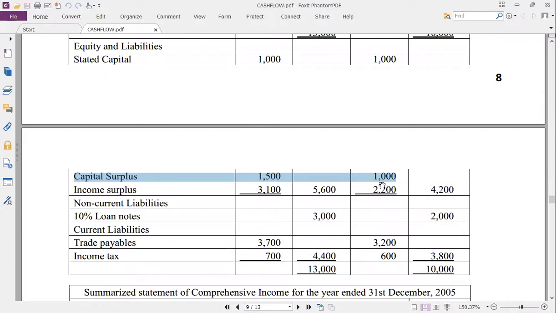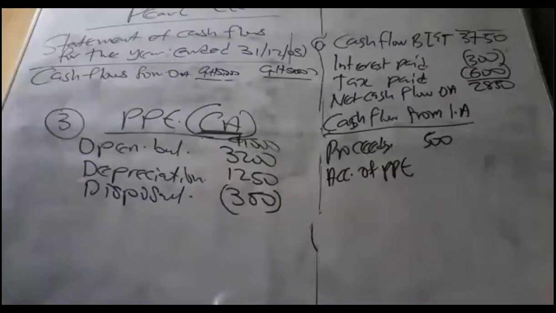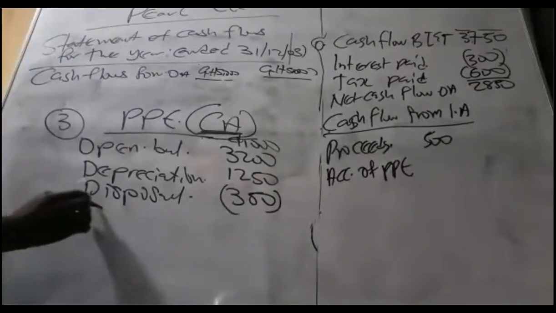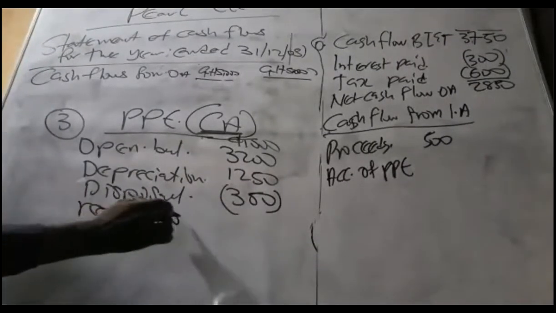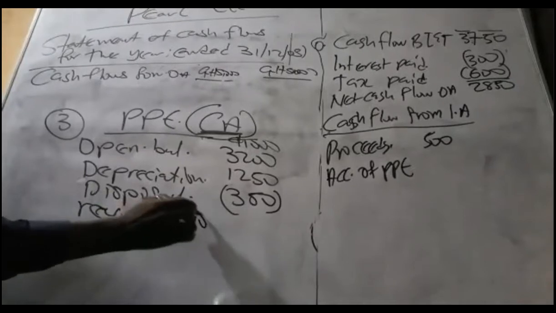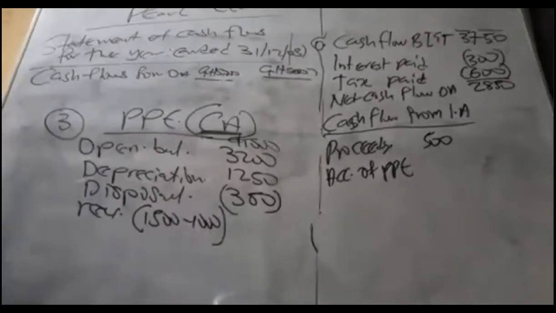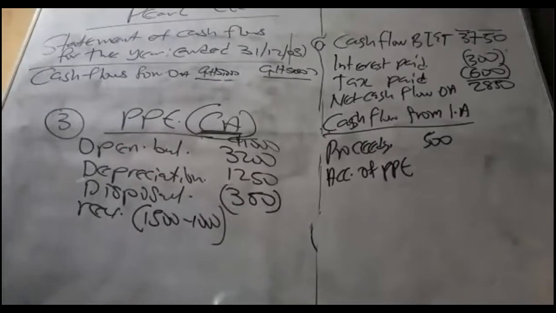So that's why they have added so that they had what? 1,500. Okay, so here you come and write revaluation. Open your bracket, tell the examiner that it's 1,500 minus 1,000. Please don't punch this on your calculator and throw the final answer in.